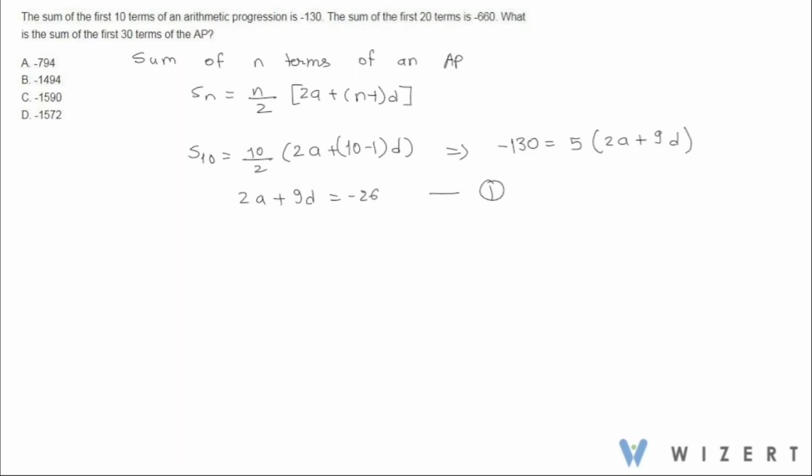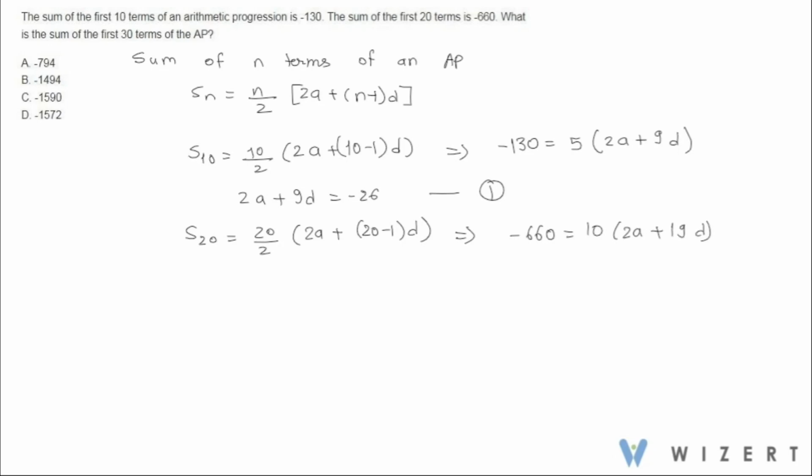In next statement, the question says sum of first 20 terms is minus 660. So we have S20 equal to 20 by 2 into 2a plus 20 minus 1 d. So we get minus 660 equal to 20 by 2 is 10, 2a plus 19d.